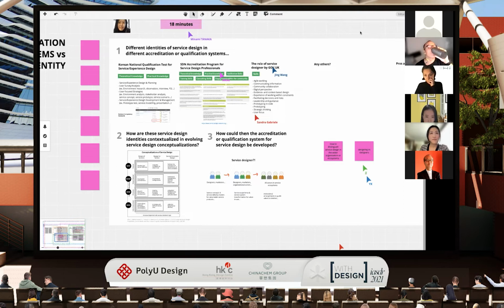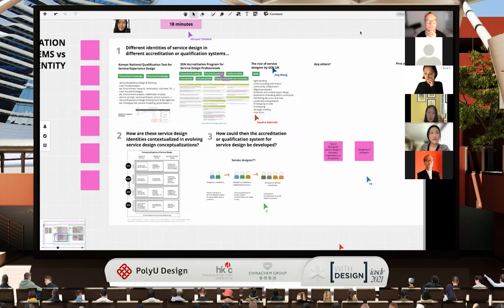So the thing is, anyway, I think there could be so many different people who can be called a service designer. But in some country or in some context, there is some tendency to call only designers with some design background service designers.